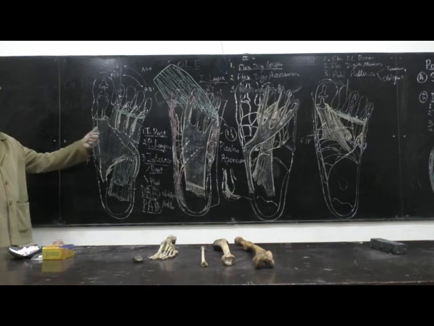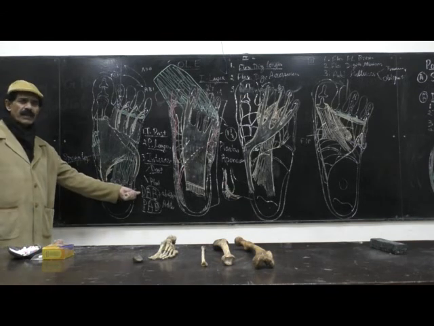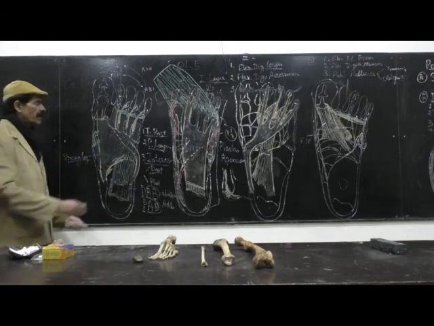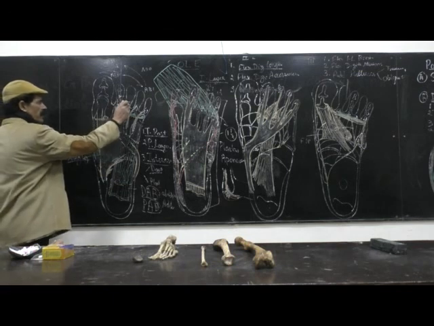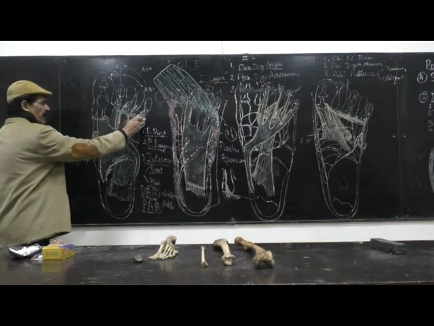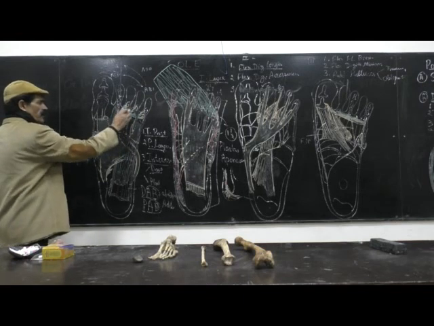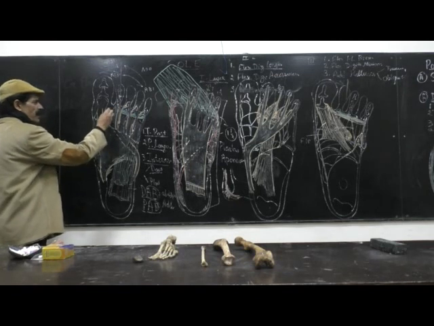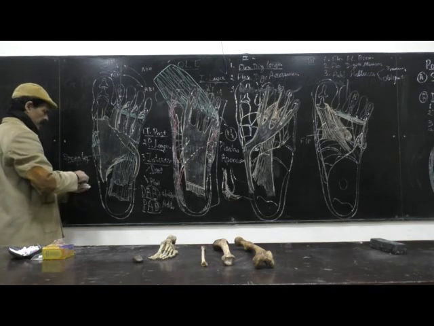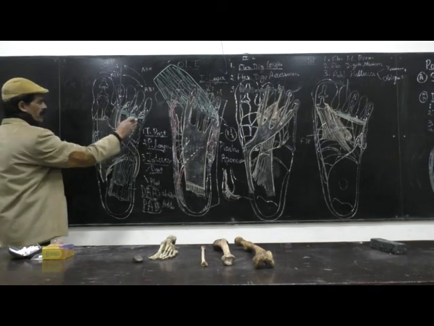And dorsally, they are double. So they are bipinnate, and they bring about the abduction. They will be inserted over the lateral aspect of the proximal phalanx. So they are number 1, 2, 3 and 4. They take origin from the adjacent sides, because their interspaces are the 1, 2, 3 and 4.